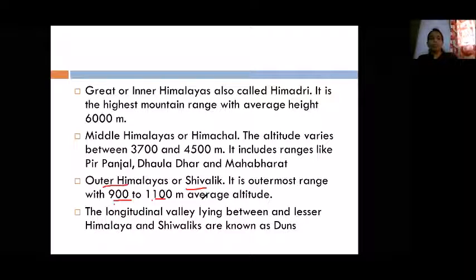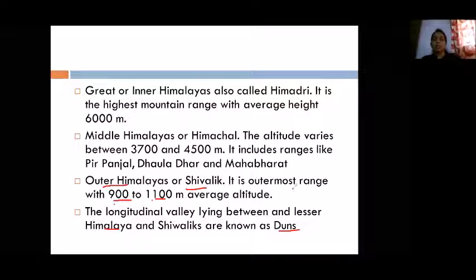The Shivalik has lower height than the other two ranges, the Himachal and Himadri. You just need to understand this in this part. The longitudinal valleys lying between the Lesser Himalaya and Shivalik are known as dunes. This we have seen about the longitudinal ranges of the Himalaya.